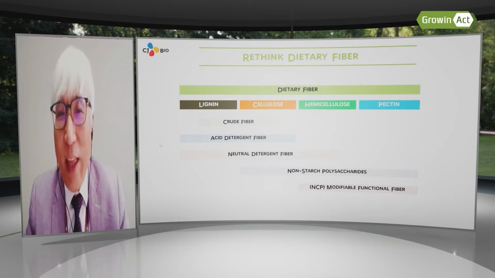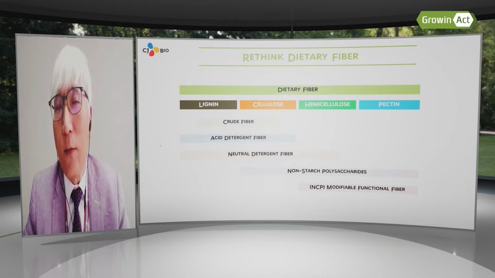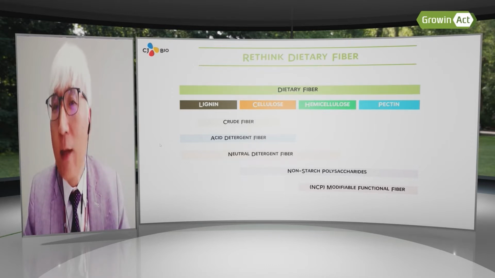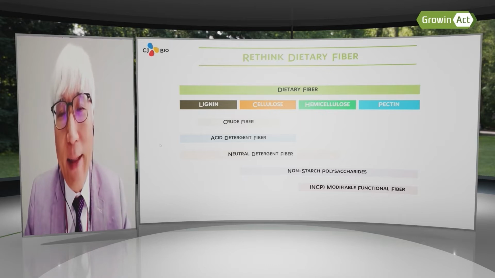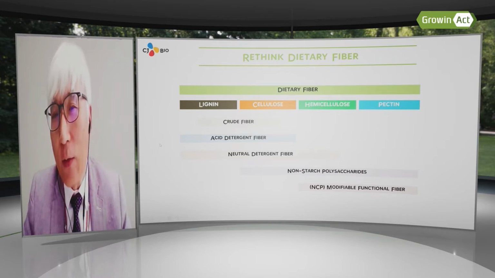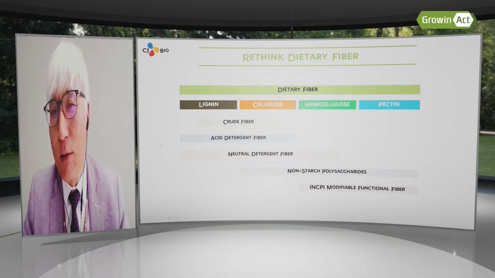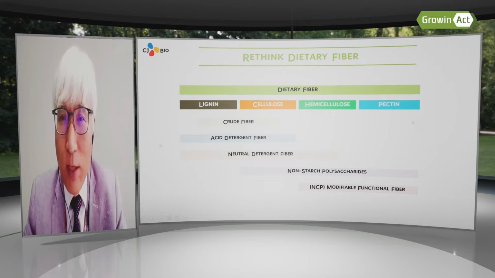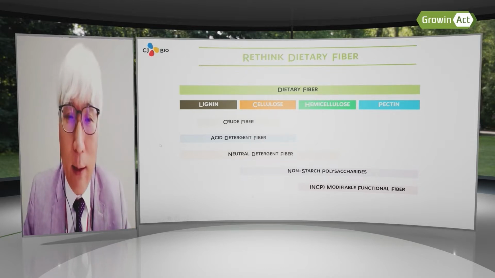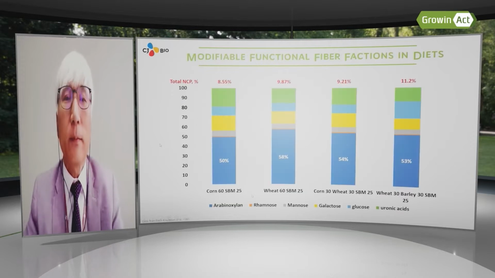So we really have to rethink which dietary fiber we should target to make the animal utilize more and extract more benefit from. It is the functional fiber fraction. It is not the lignin and cellulose; it is the hemicellulose and pectin that we can manipulate and utilize more.